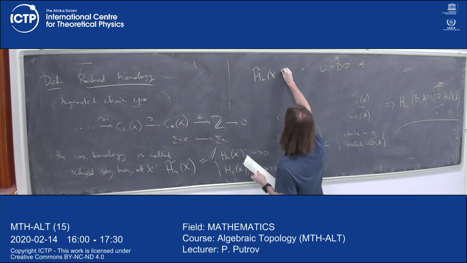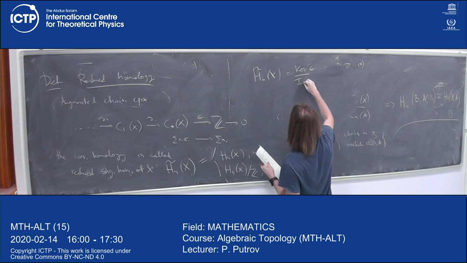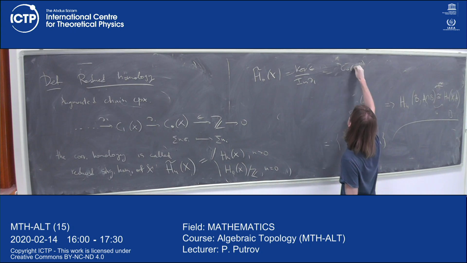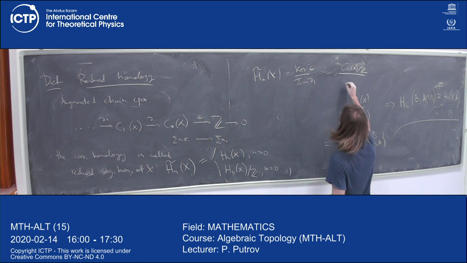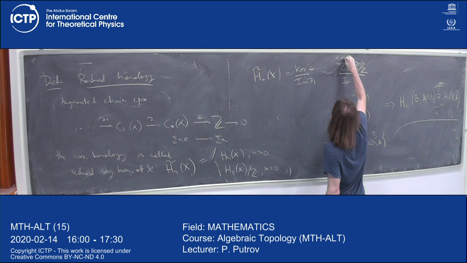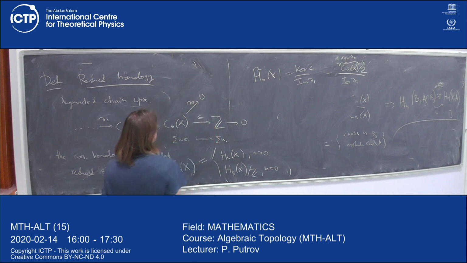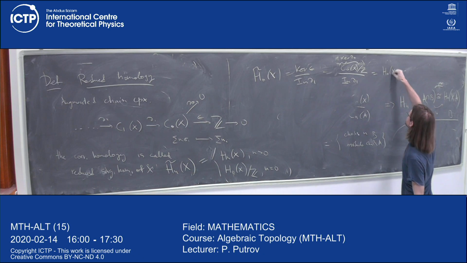This is the kernel of epsilon divided by the image of d1. So the kernel of epsilon is C0 of X divided by Z, and this is d1. And C0 of X was the same as the kernel of d0 previously. Before we had d0, we just sent everything to 0. So this is the same as H0 of X.